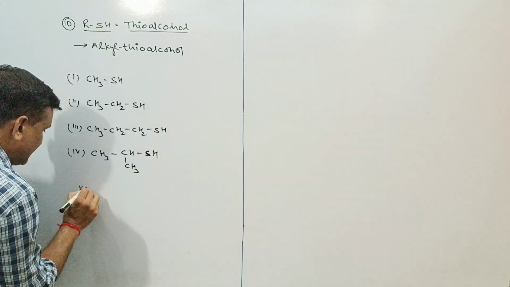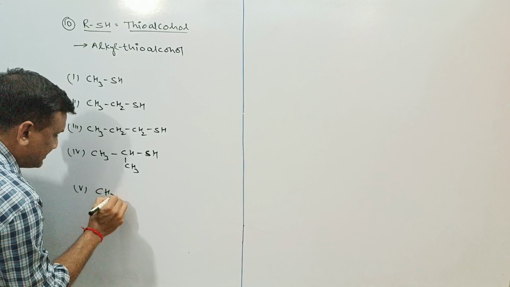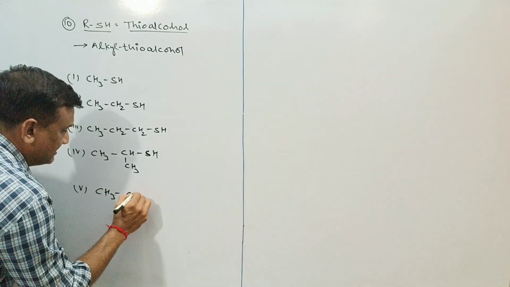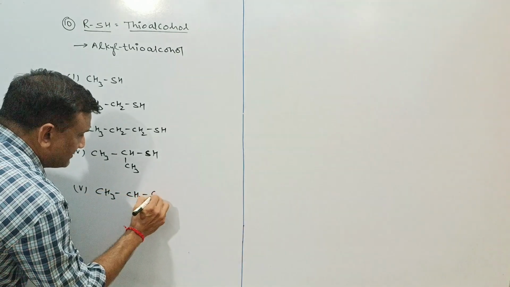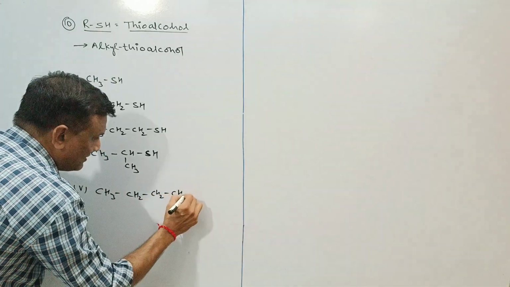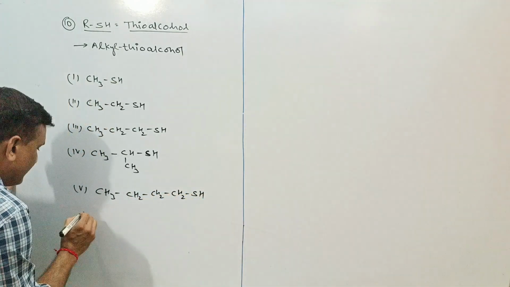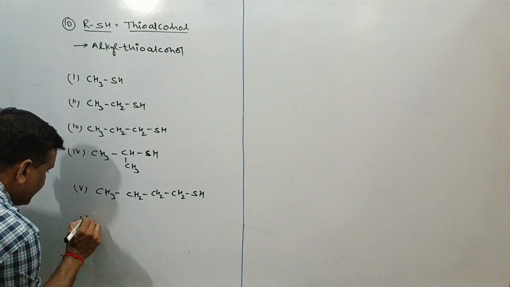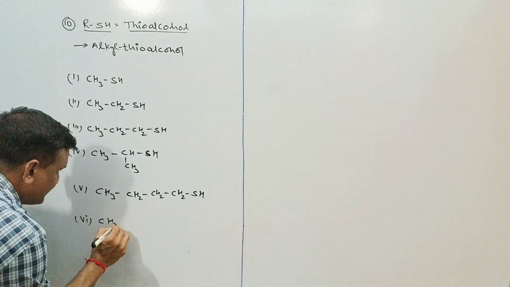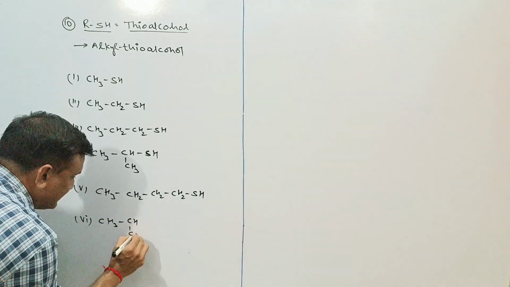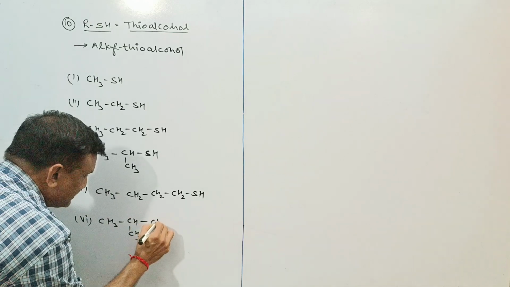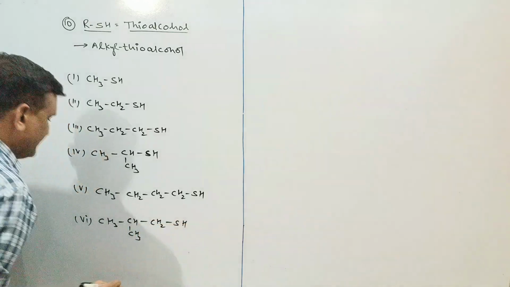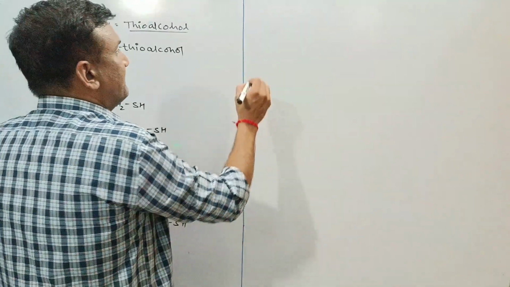If we go to the 5th compound, we can take CH3CH2CH2CH2SH. The 6th compound is CH3CHCH3CH2SH. Now I would like to go with the 7th compound.